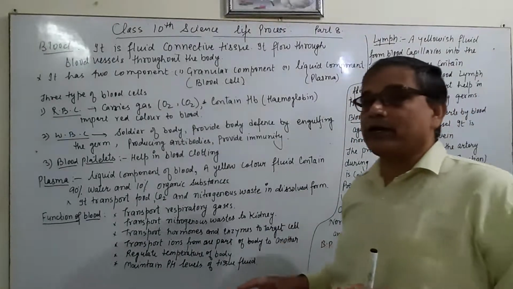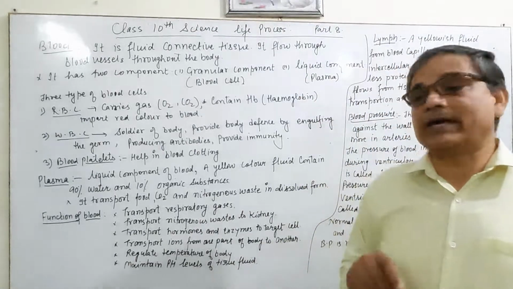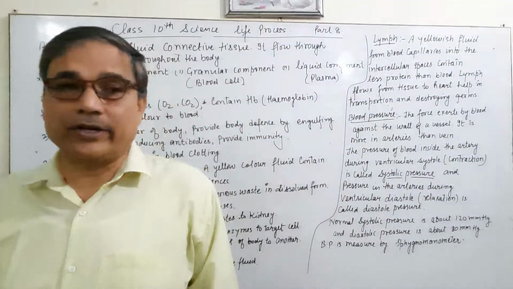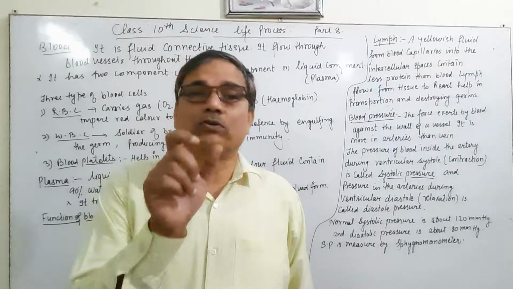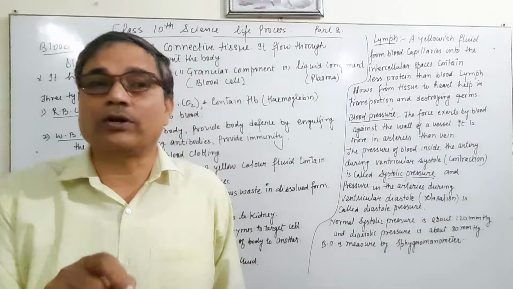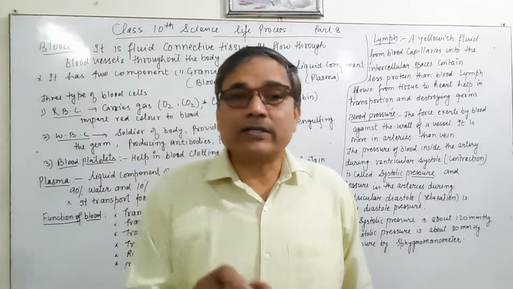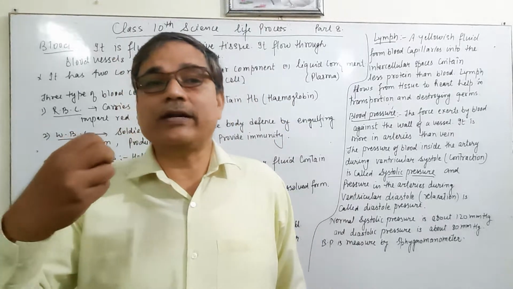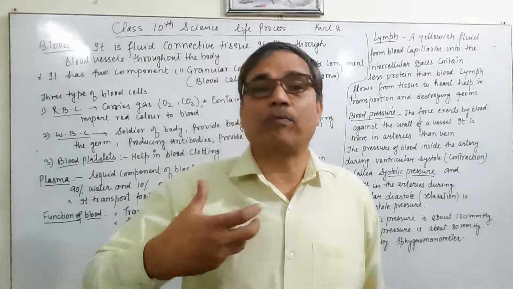Blood maintains the body temperature and also maintains the pH of our tissue. We will read about pH in the second chapter. pH relates to a salt solution, which can be acidic, basic, or neutral in nature. If the blood is acidic in nature, then many types of disease will be generated inside our body.